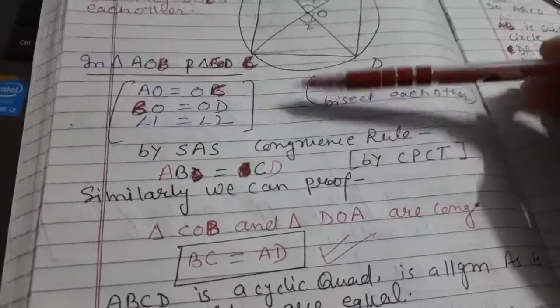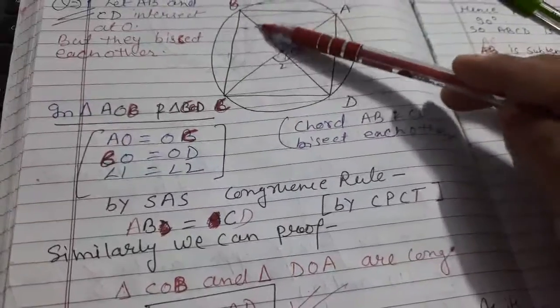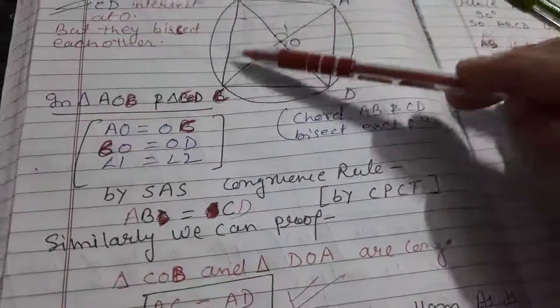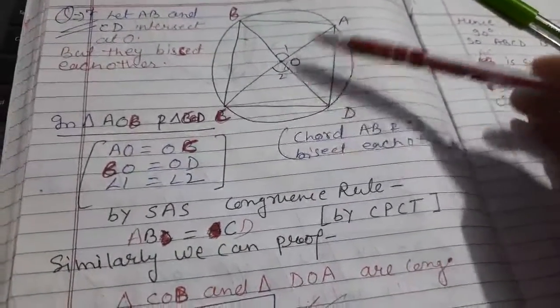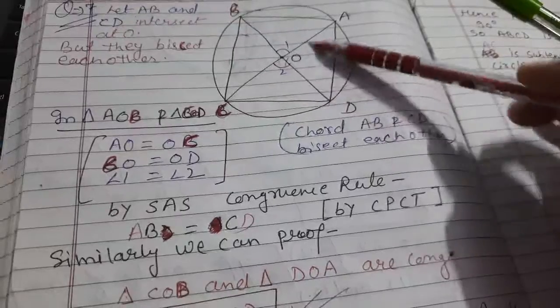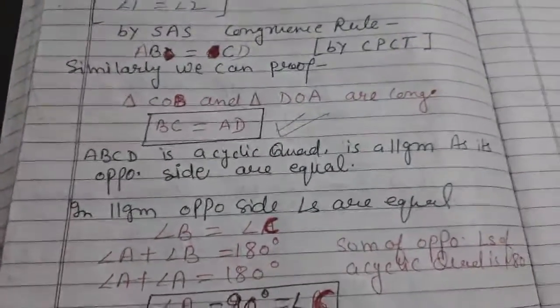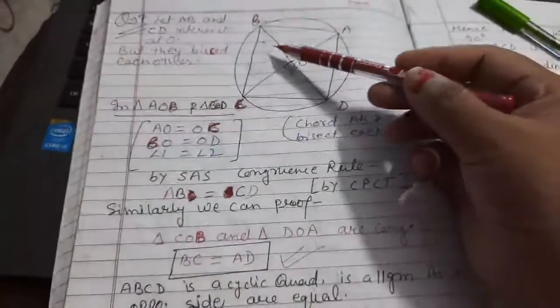Now similarly we are taking the triangles BOC and DOA. In these two triangles we have OB equal to OD, OC equal to OA, and again this angle and this angle are vertically opposite angles. So by the second pair of triangles we get BC equal to AD.